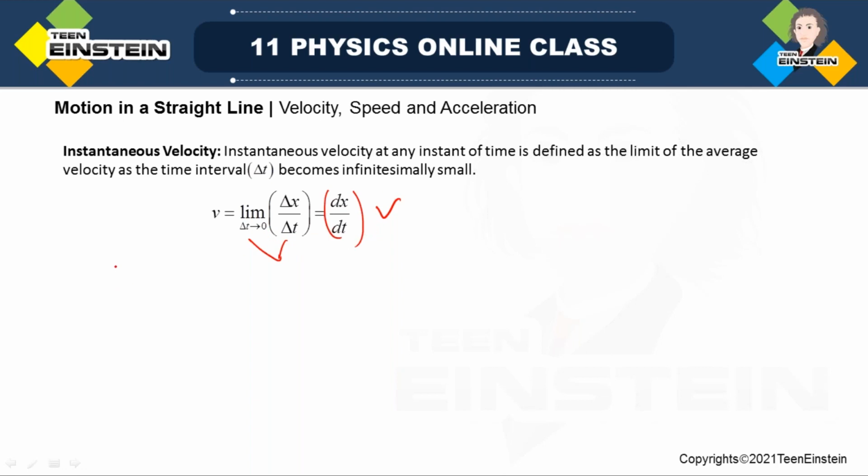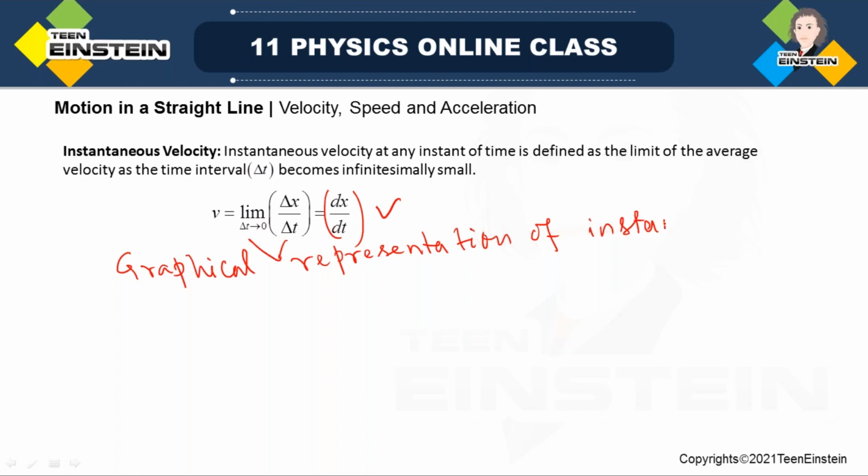Now we'll see the graphical representation of instantaneous velocity. This part we had not discussed that day, so we'll start from here.